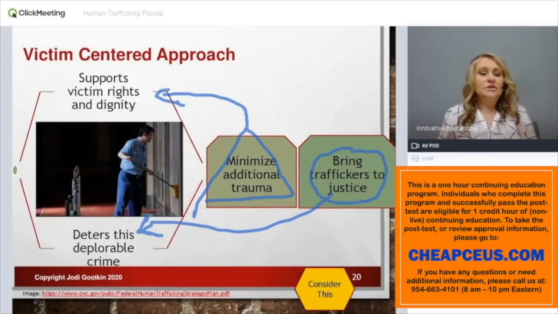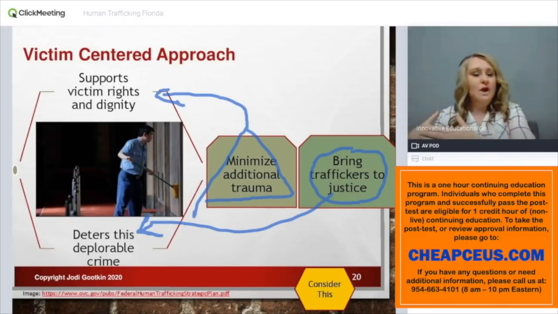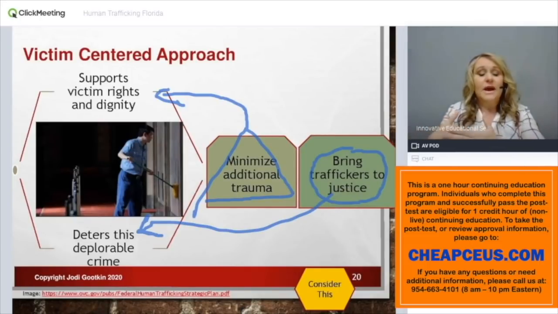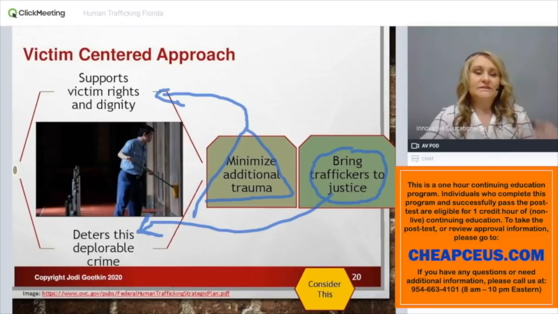So it's a balance in terms of encouraging the individual to provide information to law enforcement that's necessary to help identify and bring the traffickers to justice, but not re-traumatize them, because the really important thing is to get them out of that situation and back into a typical life that they are entitled to. This victim-centered approach recognizes the fact that individuals become trapped by circumstance and what different aspects are necessary to improve it.